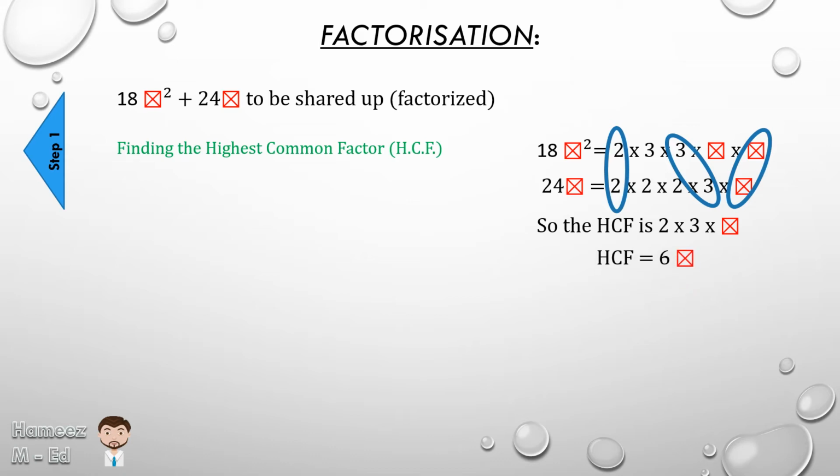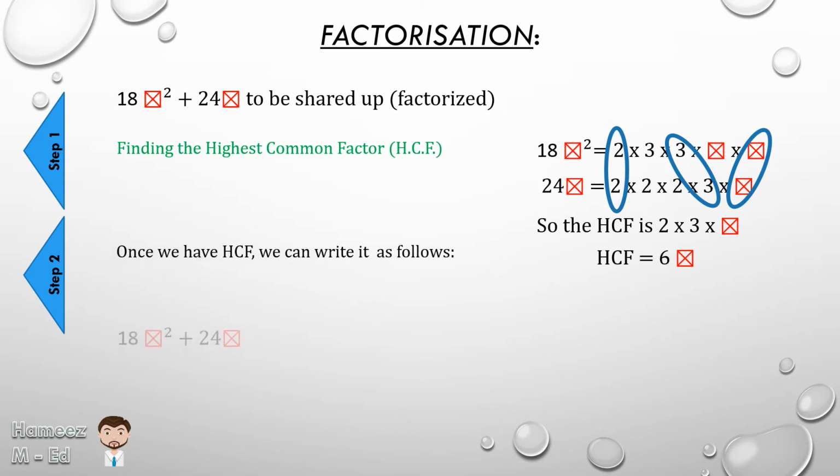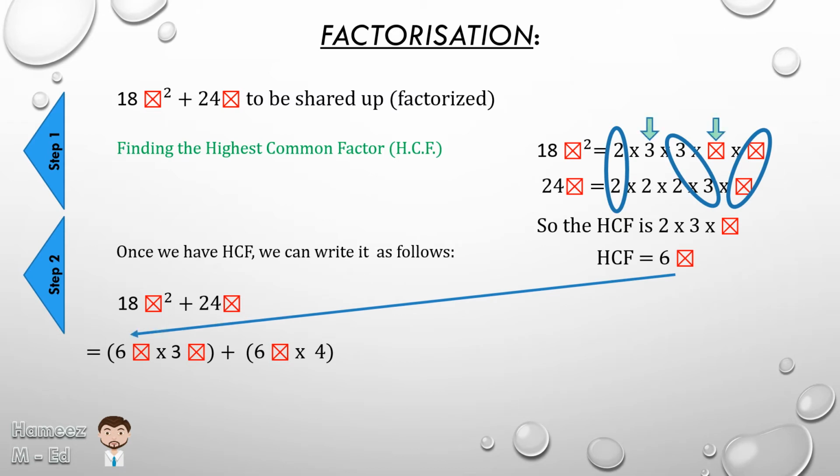Now that we know this, we can move on to step 2. This is where we are going to separate each one of them. We can write it as follows. 18x squared will become 6x, which is the HCF, times 3x.